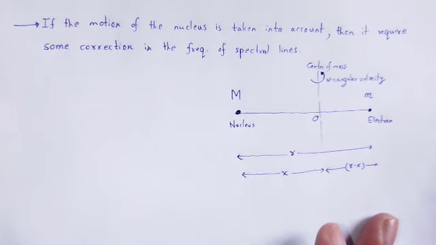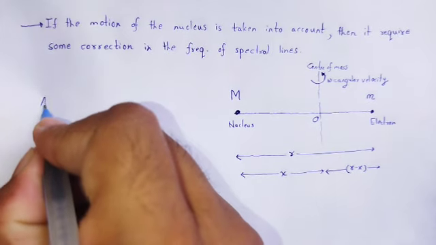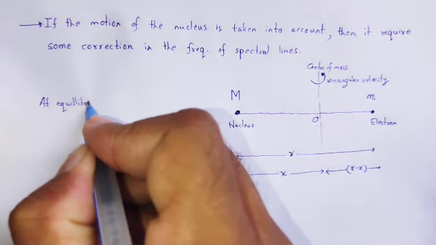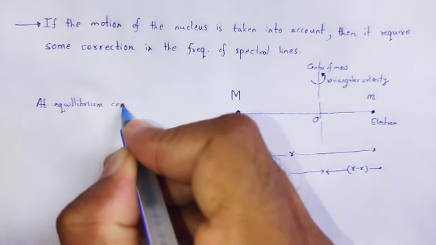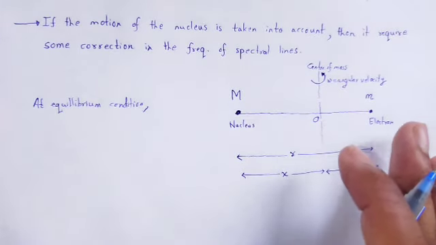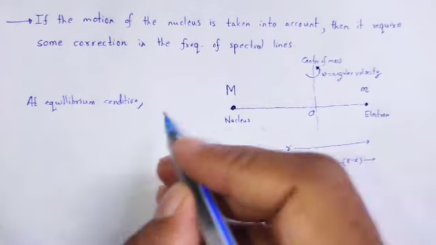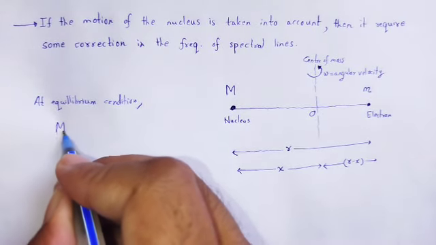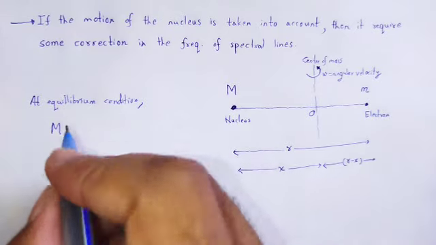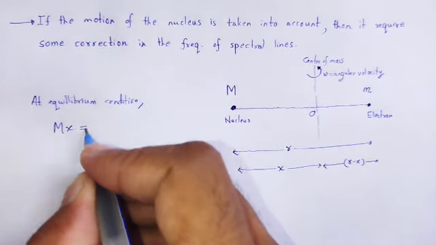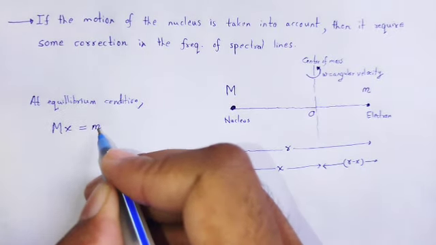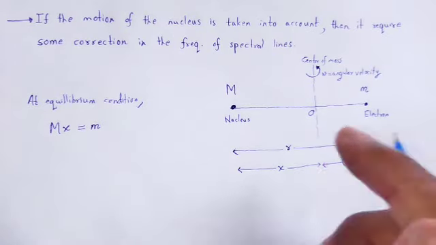At equilibrium condition, the mass of the nucleus capital M into its distance of separation from the center of mass, that is x, is equal to mass of electron small m into its distance of separation from the center of mass, r minus x.